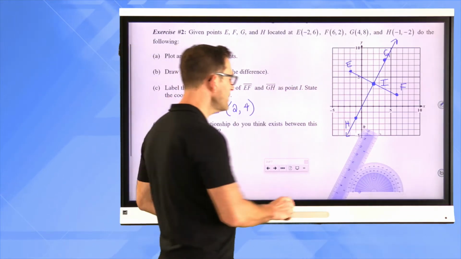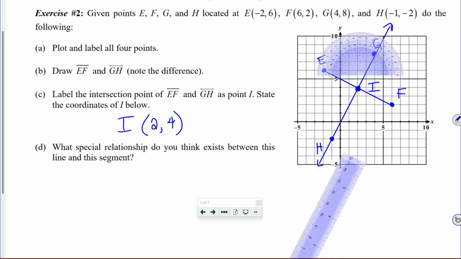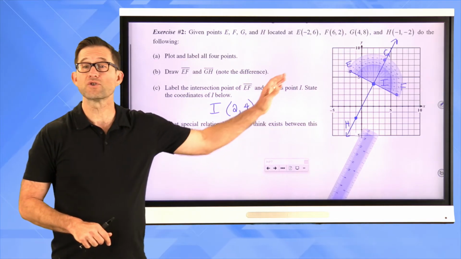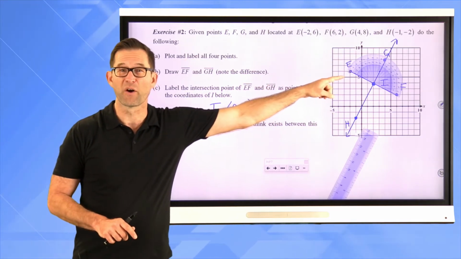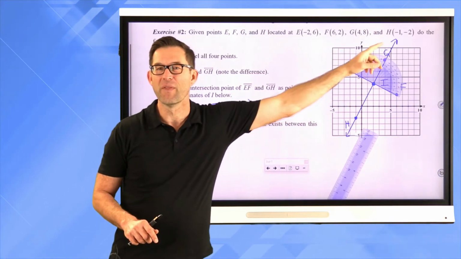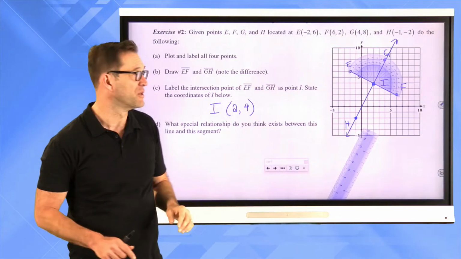Now, I can test that by bringing up a compass, rotating it like this, and seeing if in fact they're perpendicular. And they are perpendicular, all right? There's no question that, once we have our protractor up here, there's no question that this line and this segment are perpendicular to each other.